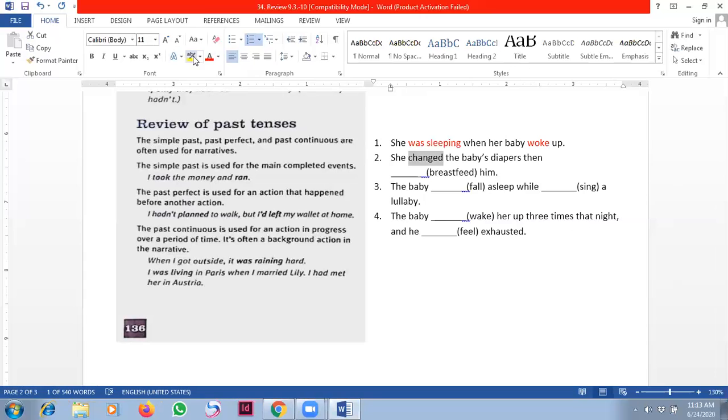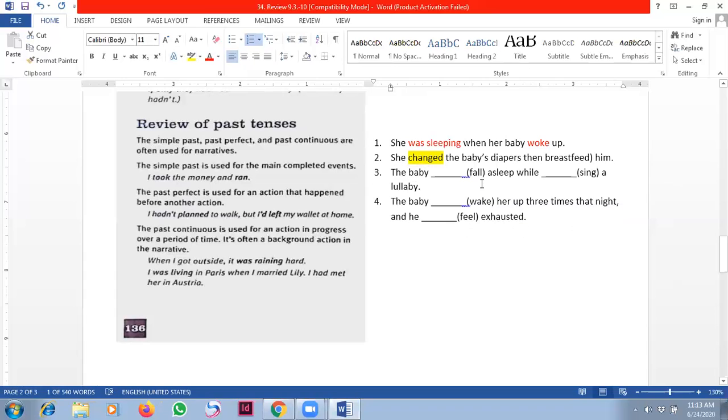She opened the diapers and changed the diapers with a new one, and then the next action. What is the past tense of breastfeed? Breastfed. Feed, fed. Breastfed him. All right.